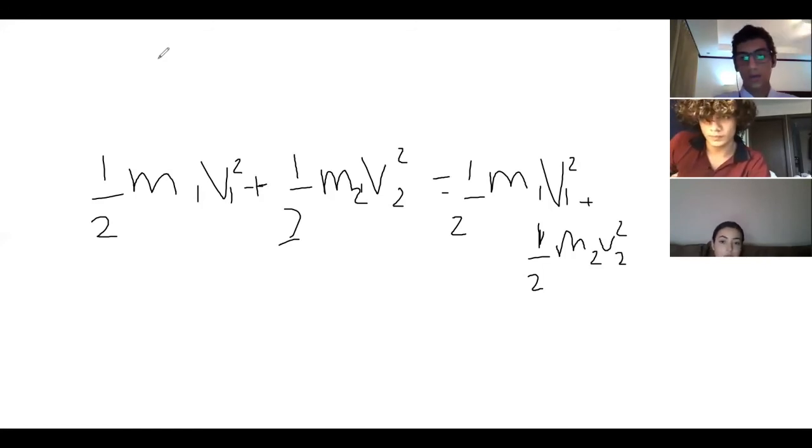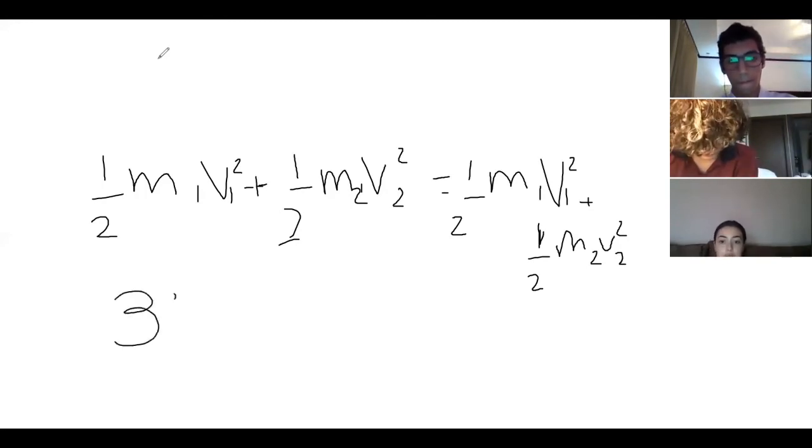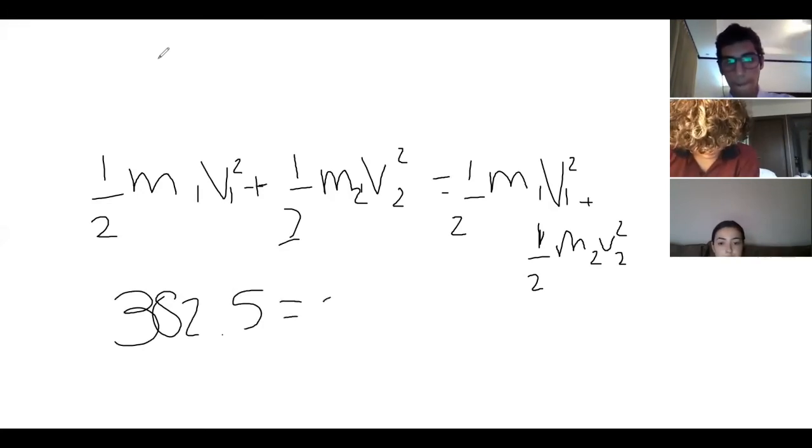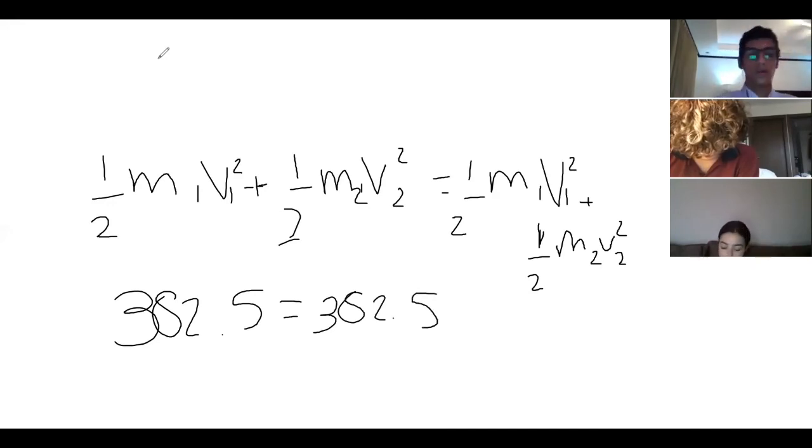What do you do next? So it's pretty straightforward after that. We just input all of the given information, and the result should be 382.5 joules before and after. Good job. Yeah, that's the answer.